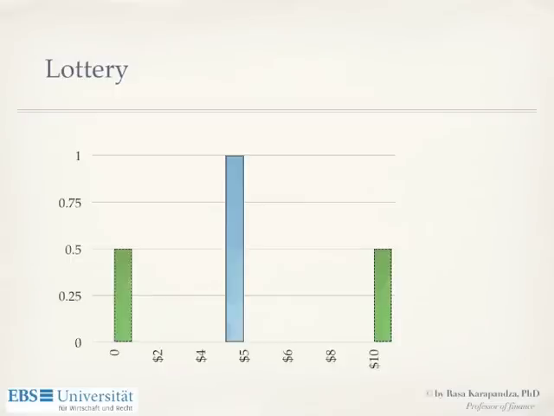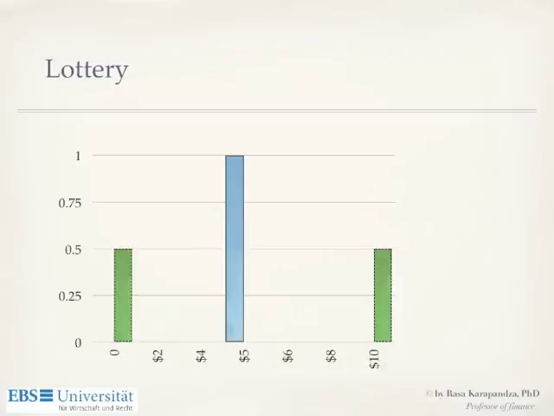So the height of these bars tells you what's the probability. In this case, this is $5 for sure, probability 1. Or you can change this for $10 with probability 1/2 and $0 with probability 1/2. Now, what do you choose, guys? Who would gamble in this case? I mean, some people would gamble, obviously.